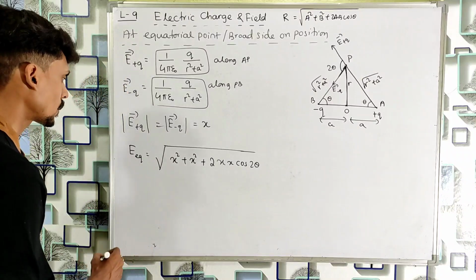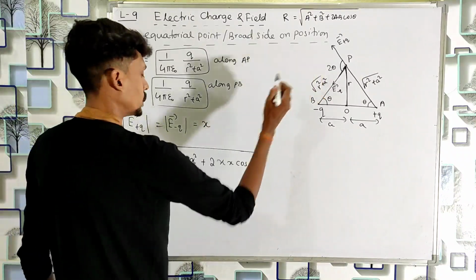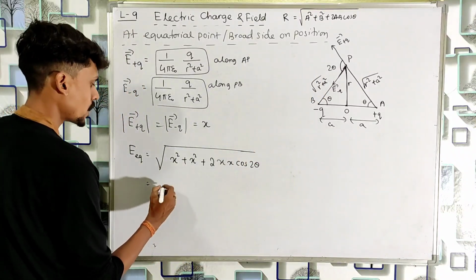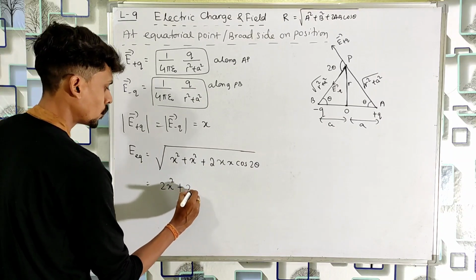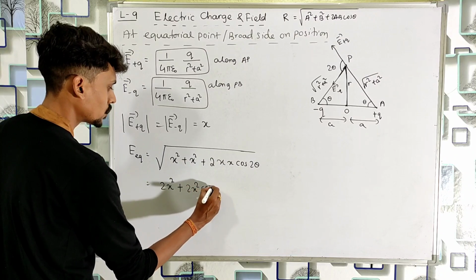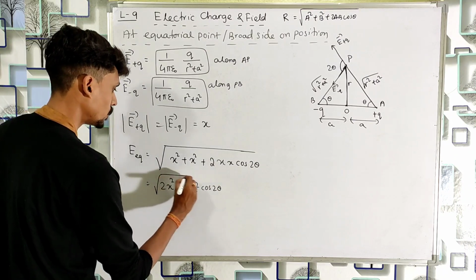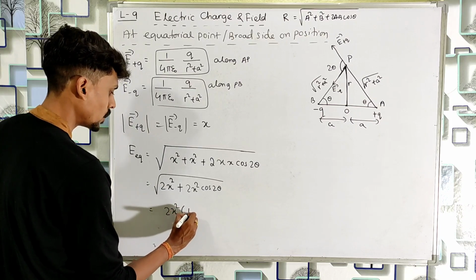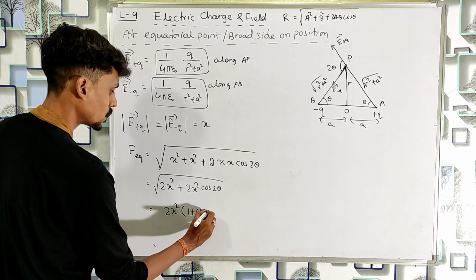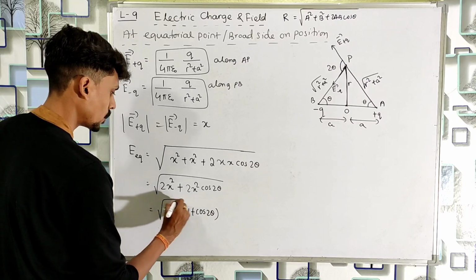Is that clear? The angle is 2 theta. So x square plus x square will be 2x square, plus 2x square into cos 2 theta, square root. Taking 2x square common, you will get 1 plus cos 2 theta, square root.